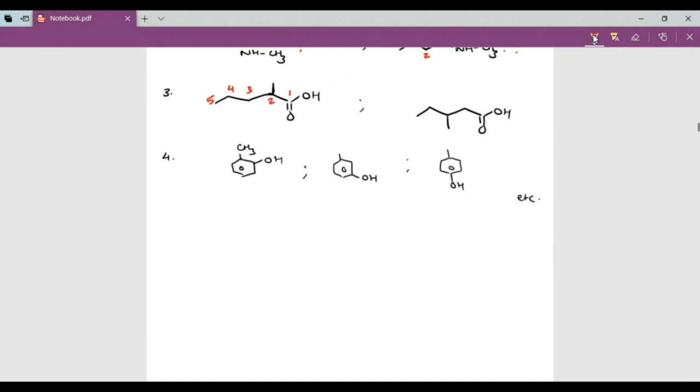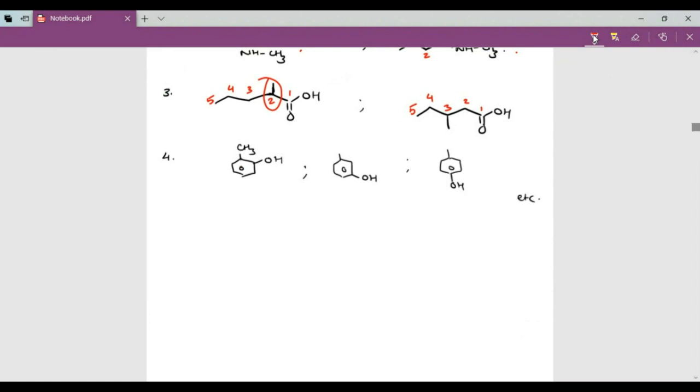So this will be named as 2-methyl pentanoic acid. 1, 2, 3, 4, 5. And this will be named as 3-methyl pentanoic acid. So one molecule is 2-methyl pentanoic acid, the other is 3-methyl pentanoic acid. The overall difference in the two molecules is only the position of the methyl substituent. So they are positional isomers of each other.